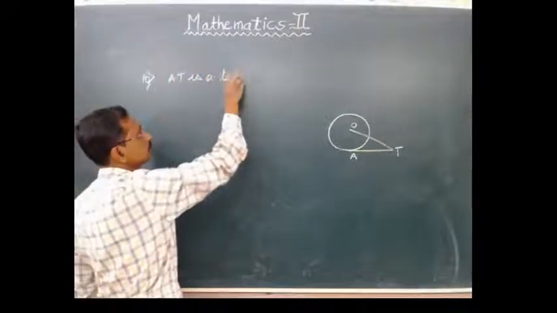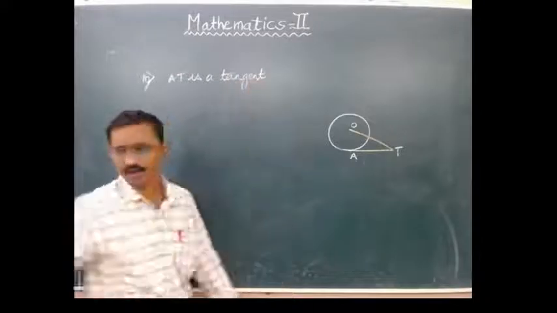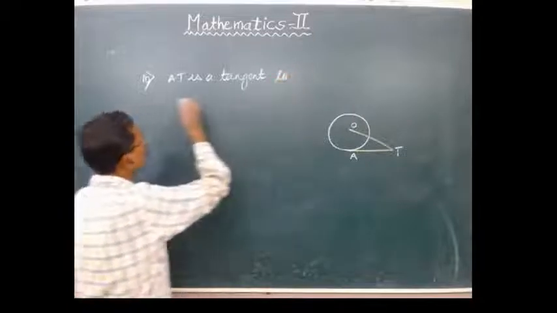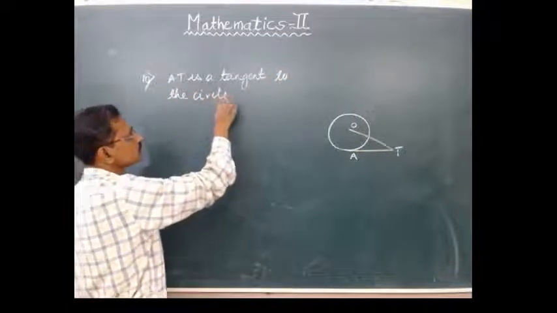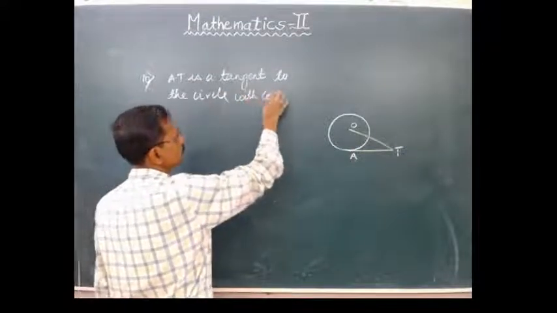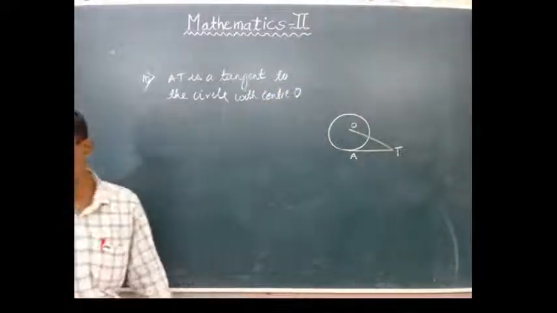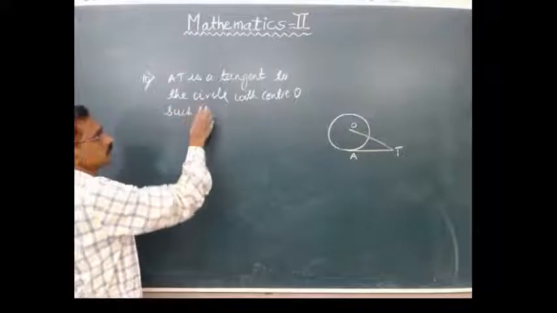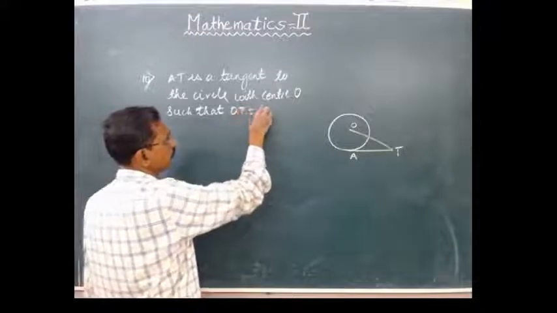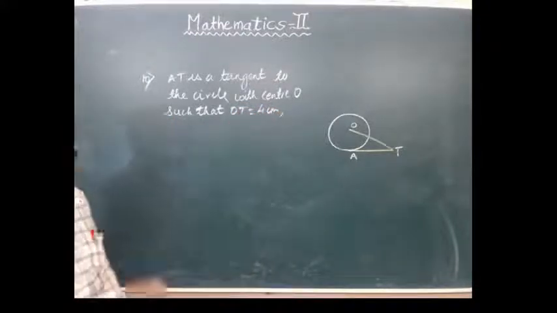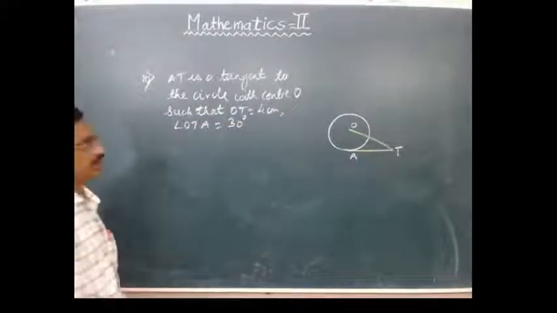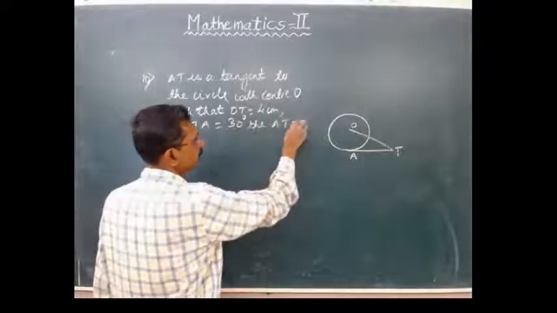AT is a tangent to the circle with center O, such that OT is equal to 4 centimeter and angle OTA is equal to 30 degrees. Then find AT. AT is how much?